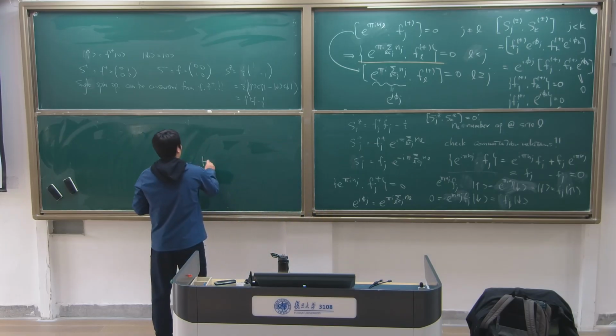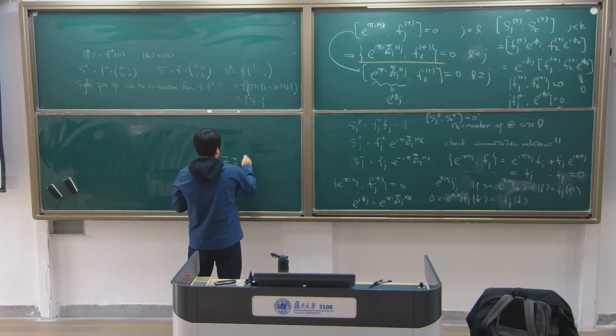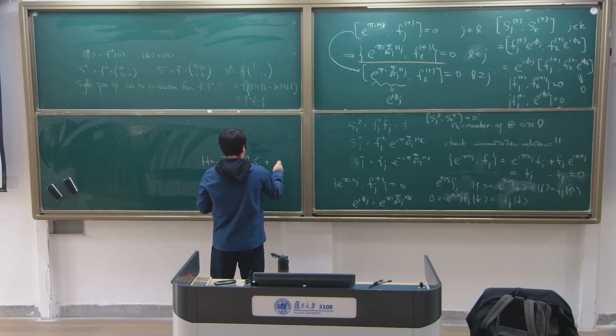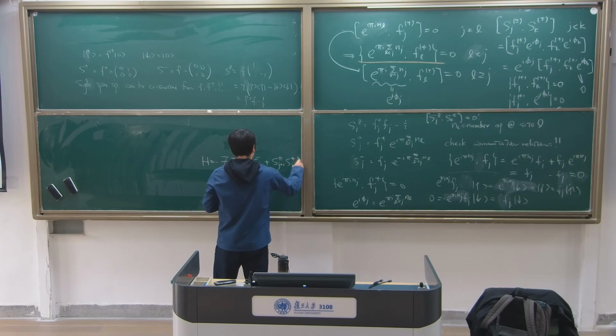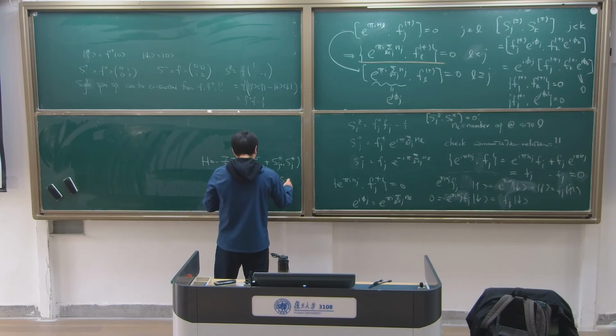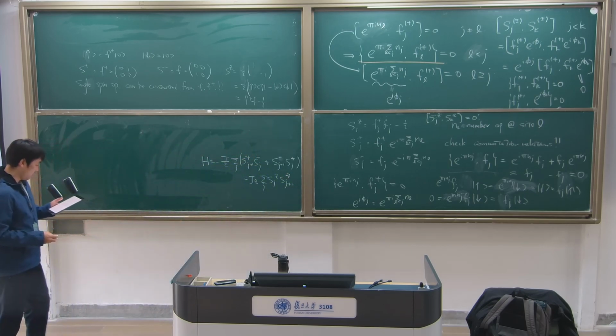So now also the Hamiltonian is something like minus J over 2 gamma over j, and then plus, and then minus J c. The Hamiltonian is given like this.